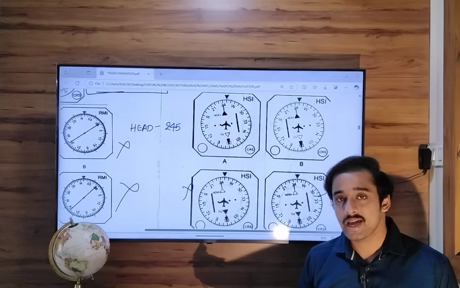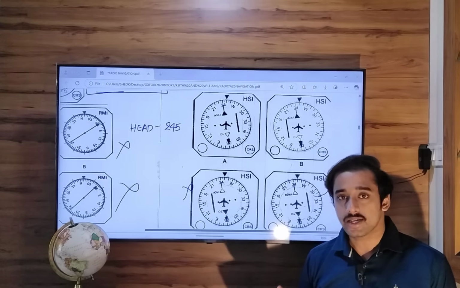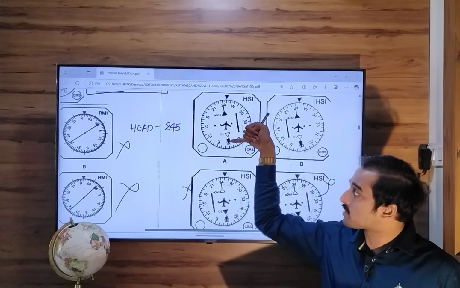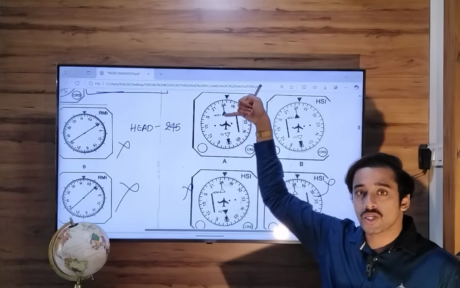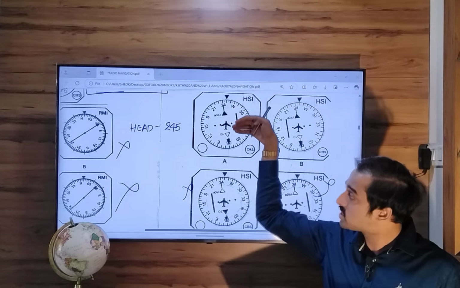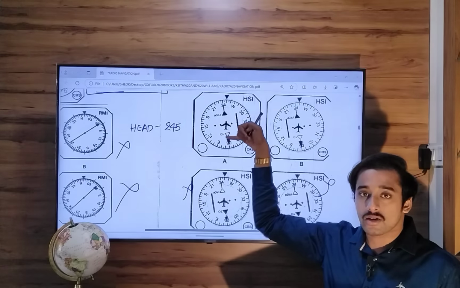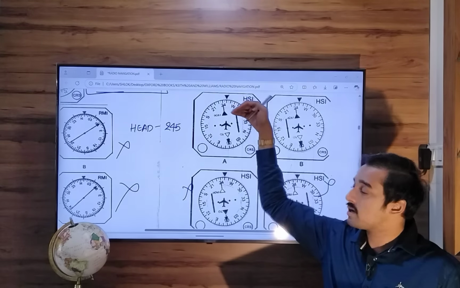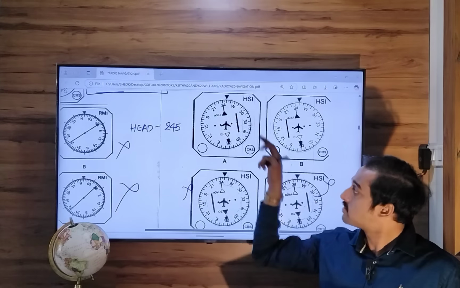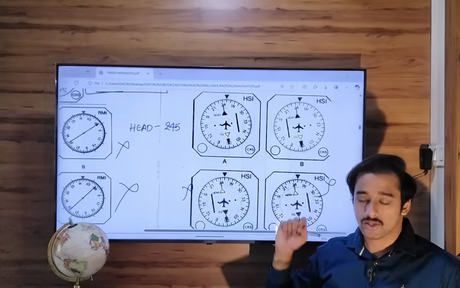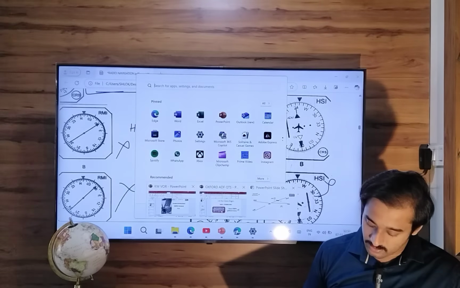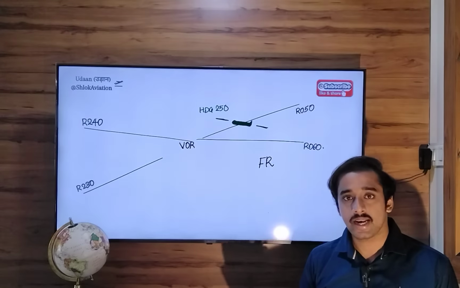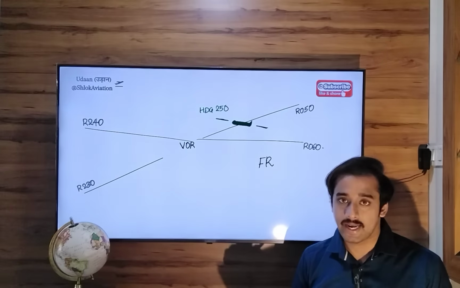We want a from indication, and to get a from indication, the triangle should be behind. The course is 060, so the triangle should be behind it or opposite of it. In order to get a to indication, the triangle should be aligned with the course indication. For a from indication, it should be on the opposite side. So these two figures are the correct ones. Next, now our current heading is 250. All HSI indications take into consideration the heading of the aircraft.